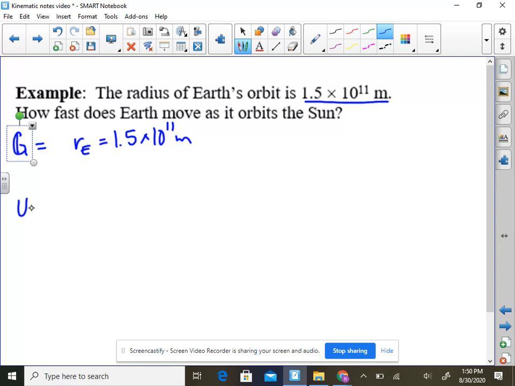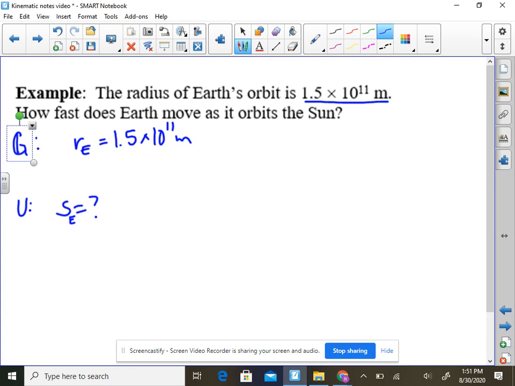I'm going to go ahead and write this here. Our unknown is the speed of the Earth. What's the speed of the Earth when we know the radius of the Earth is 1.5 times 10 to the 11th?